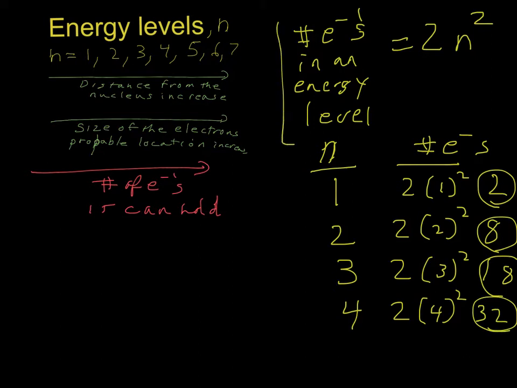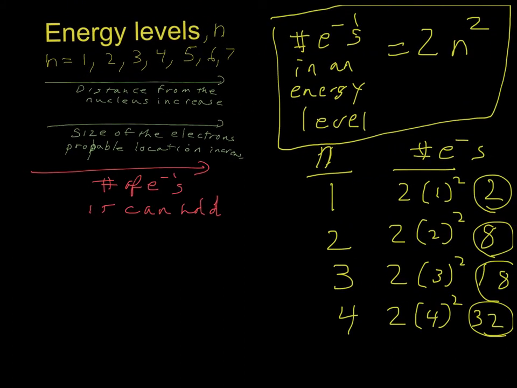So the number of electrons that can fit in a given energy level is 2 times n squared, where n, remember, is our universal symbol for an energy level. Okay, so that's the first way I can divide up that electron cloud, and I can tell you something about the probable location of an electron.